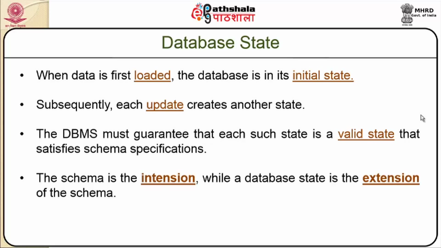So, the DBMS must guarantee that each such state is a valid state that satisfies the schema's specifications. The schema is the intention, while the database state is the extension of the schema. So, any schema that we are primarily defining will be an intention, and any database state that follows this particular definition of a schema will be an extension of this.